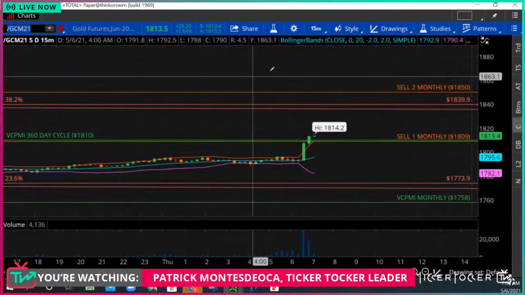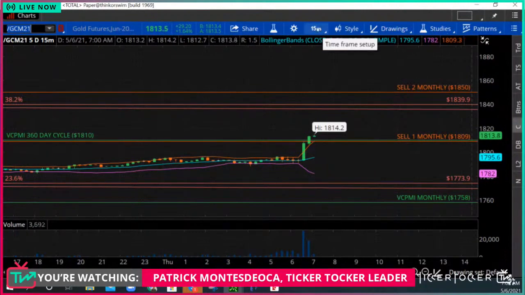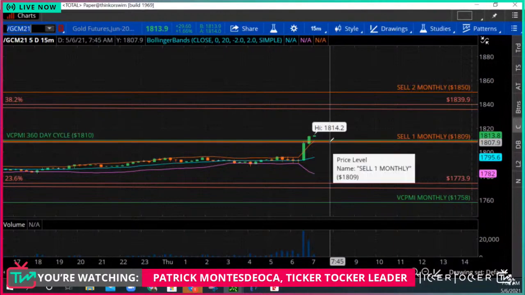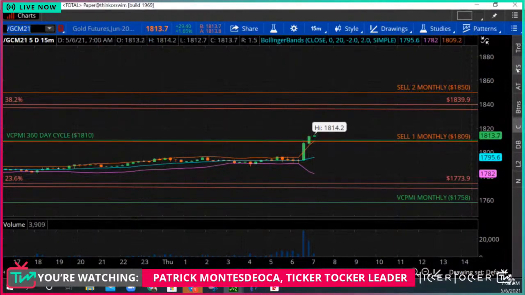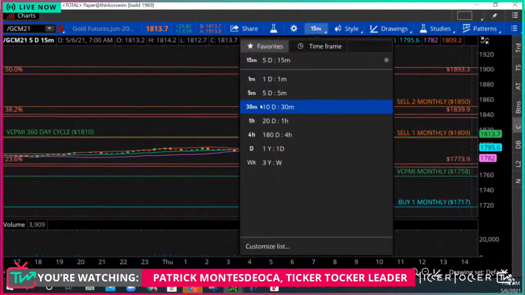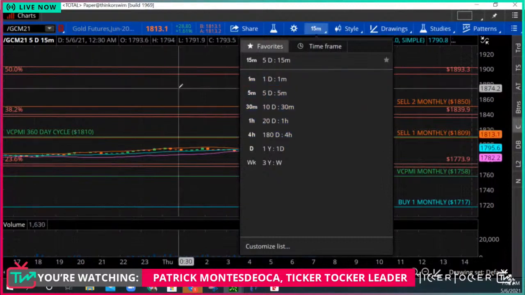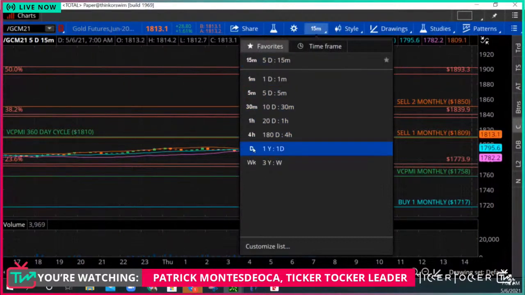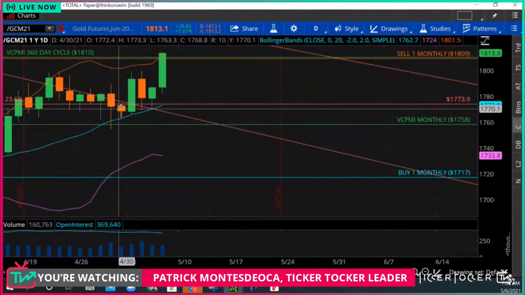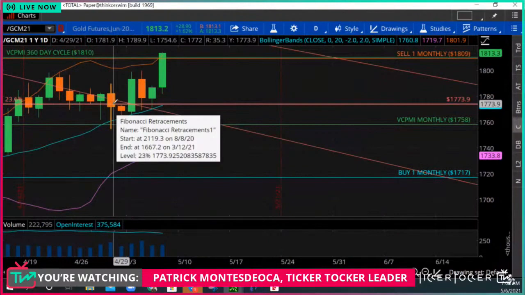Now, I've been recommending this target of 1810 for the completion of basically the short-term trend that was established here on the 29th, with a low of about 1772.